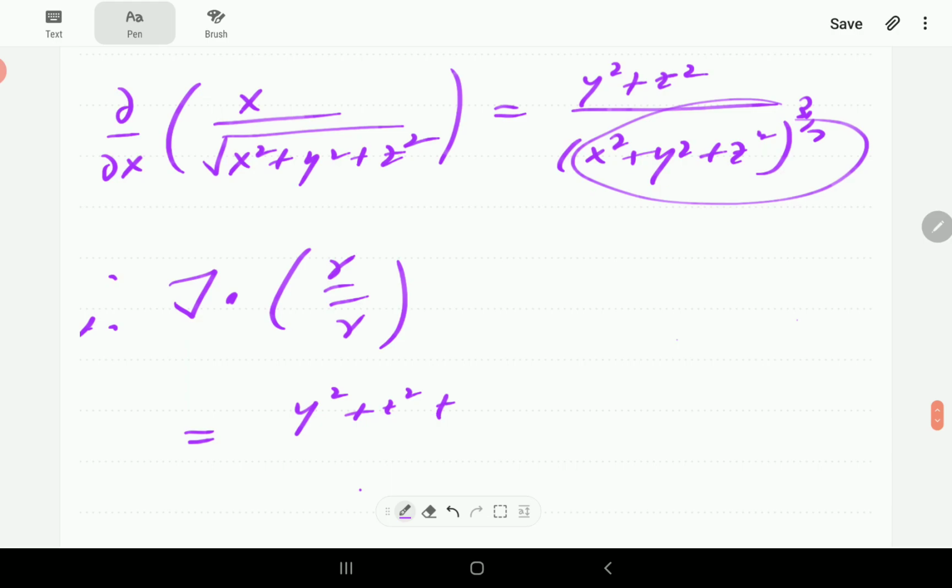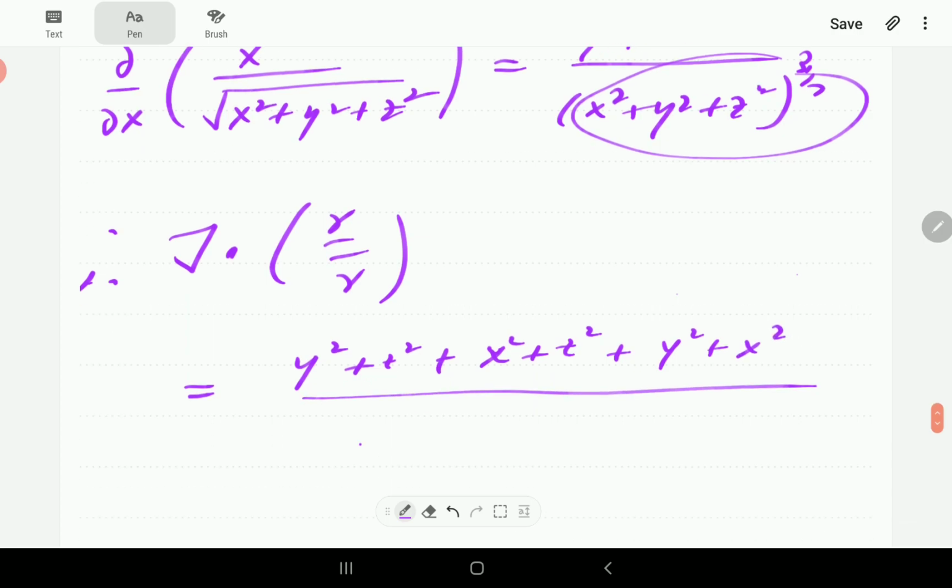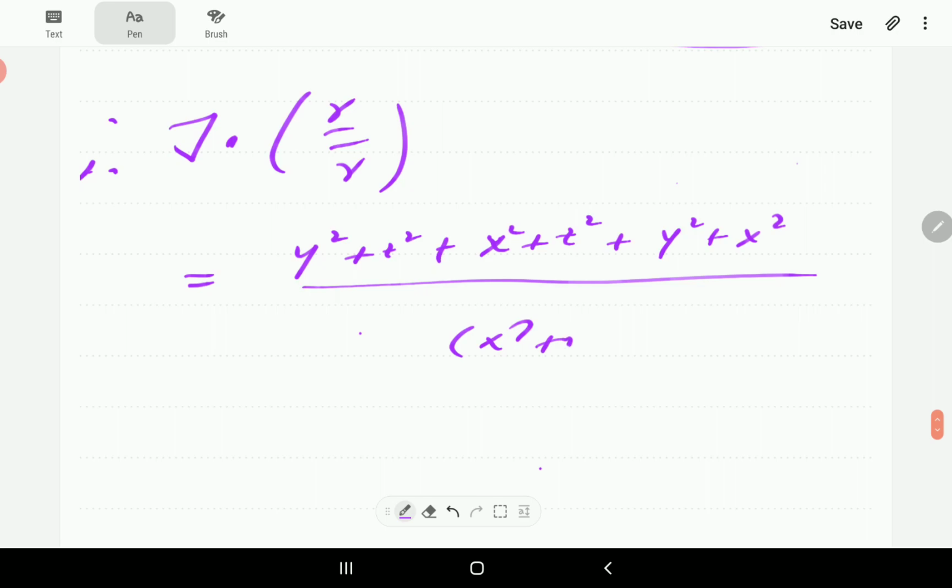The second term is going to be x squared plus z squared over the same term, and then we're going to have y squared plus x squared over this term here to the power 3/2.